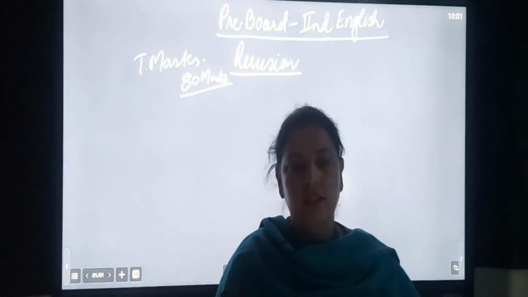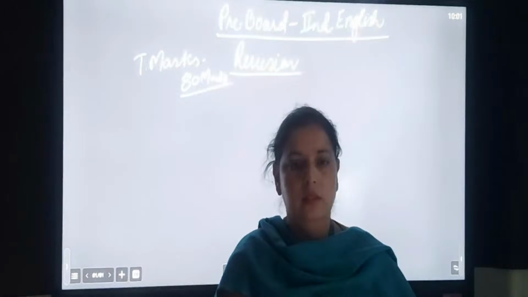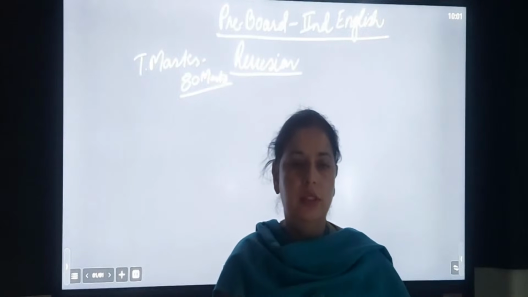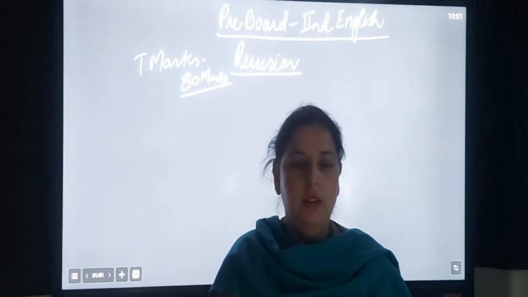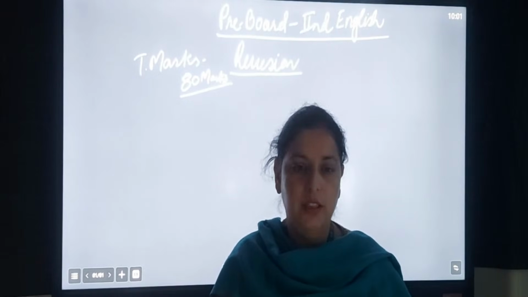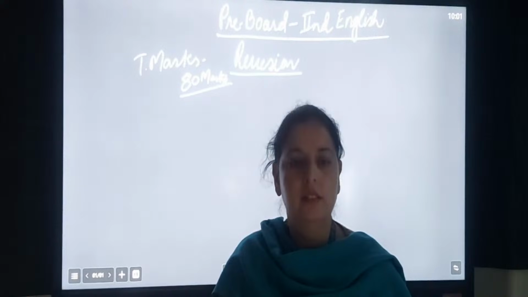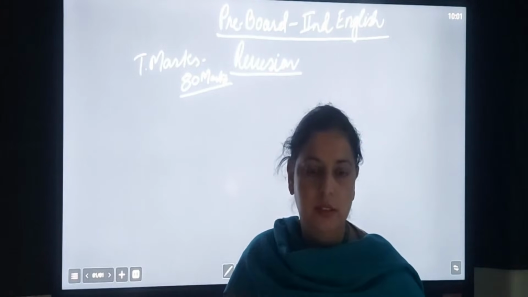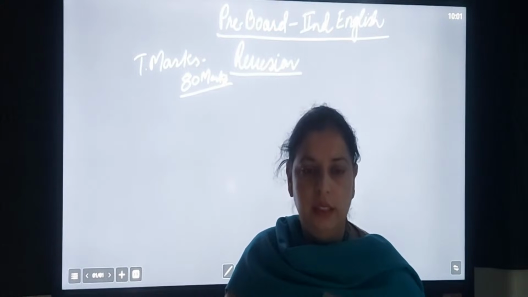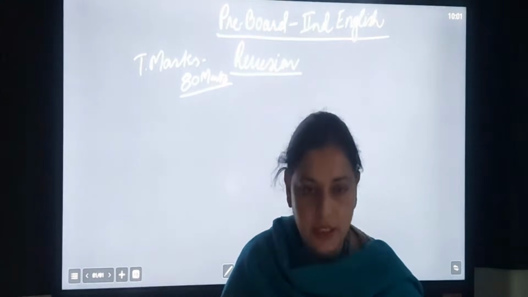Let us revise how these marks are distributed in different sections, how we can learn better and how we can score better in our upcoming exams. In English we have three main sections, as you all know.